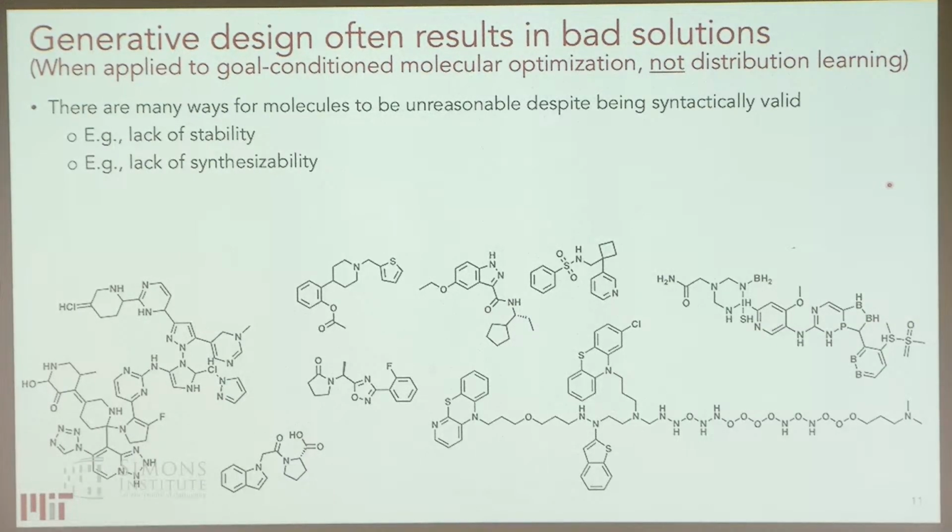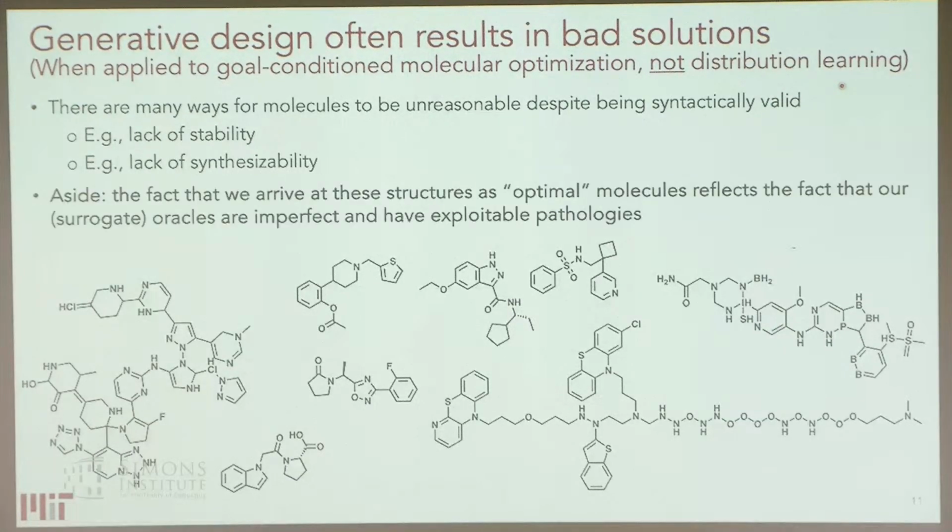And that's typically due to one of two things: either they're not stable, or they're not synthesizable. There's no way to physically produce this molecule to test it, even if it were stable. So these generative techniques, when you apply them to optimization of oracles, can lead you to very unrealistic and unhelpful ideas.